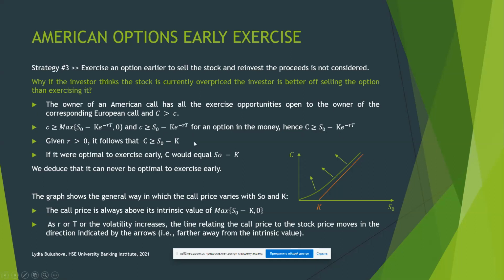So this is smaller than this. And that's why we can say that an American call price is greater or equal to this difference between the initial stock price and the strike price.